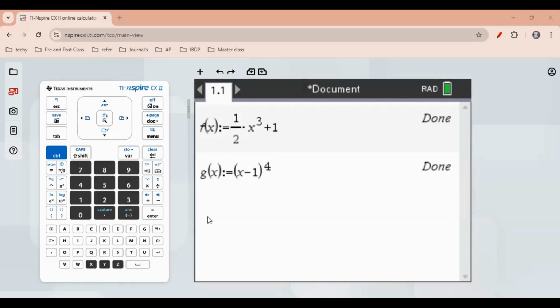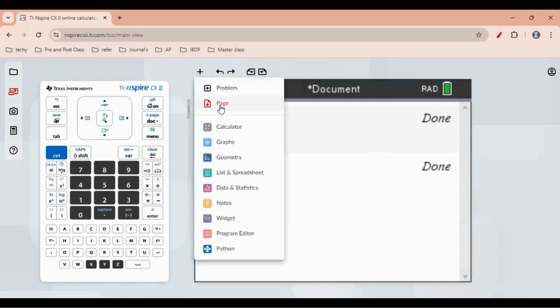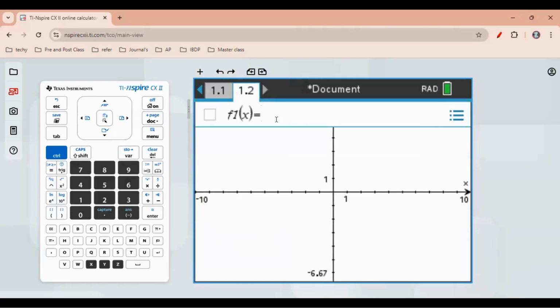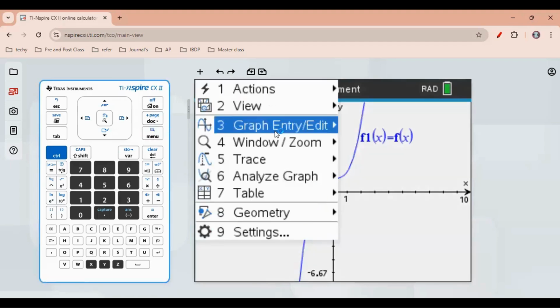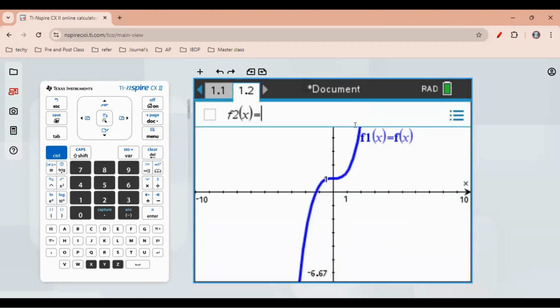Now let's see. We are looking for the graph's intersection point. So you just go for graph, and the first graph is f of x. You just give the name f of x. It's done. I need to give one more graph entry, so go for menu, graph entry edit. We have to give a function, and it is g of x.